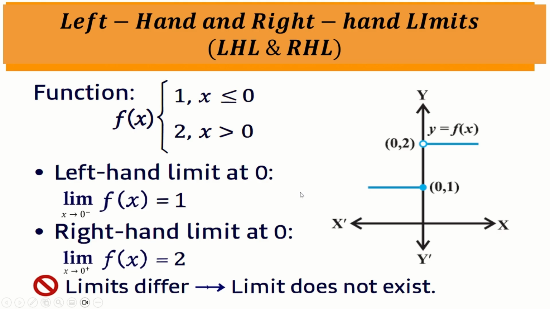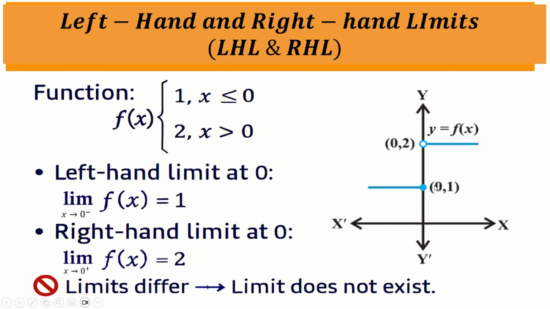Let us understand left hand and right hand limits more clearly with this example. Let's say the function f of x is defined such that it is 1 if x is less than or equal to 0, and it is 2 if x is greater than 0. If I draw the graph, it looks something like this. For x less than or equal to 0, it is 1.